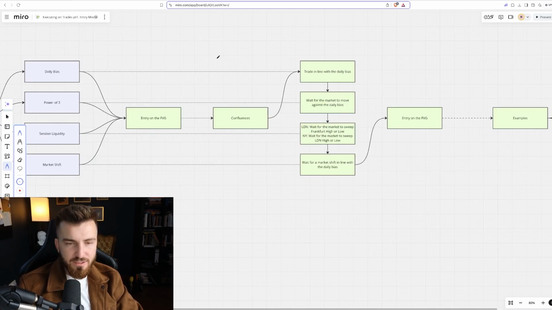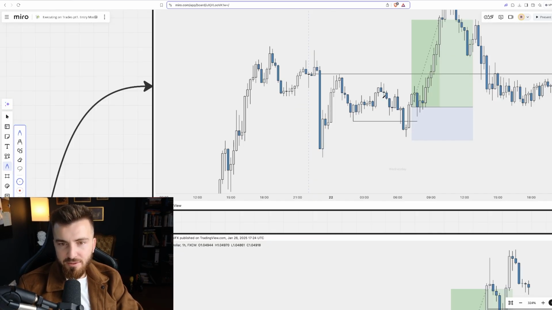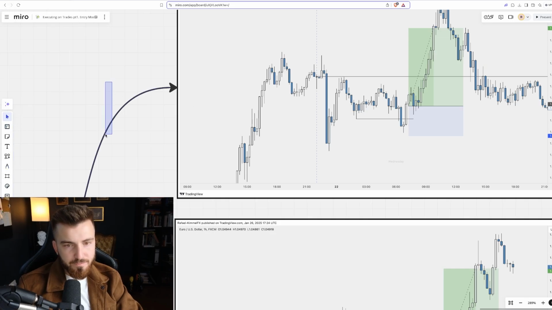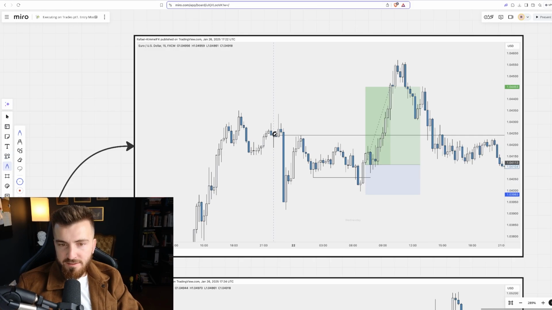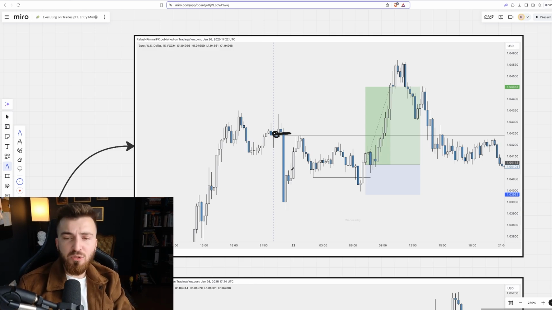Now, in terms of entries, let's look at some examples. So we have daily open right here. The market instantly moves to the downside. So all of the longs right here are already getting absolutely cooked. They're getting absolutely trashed, right? Then we have Asia range.